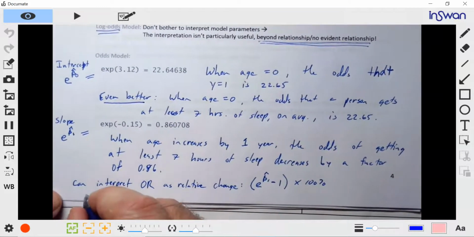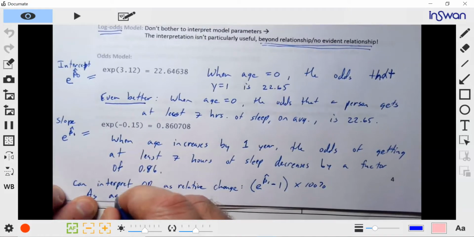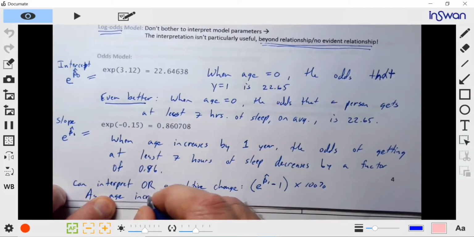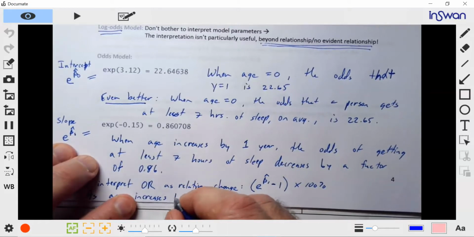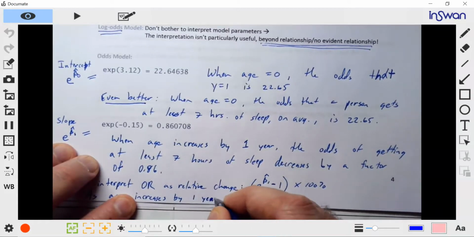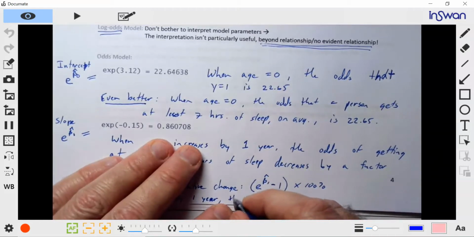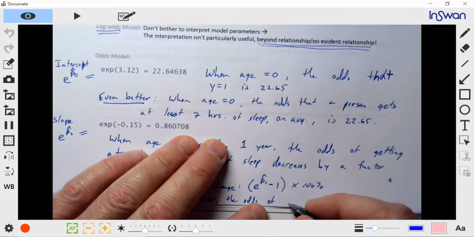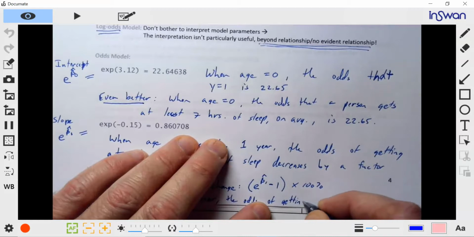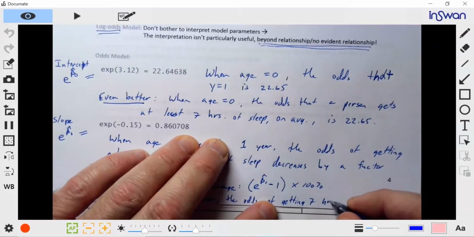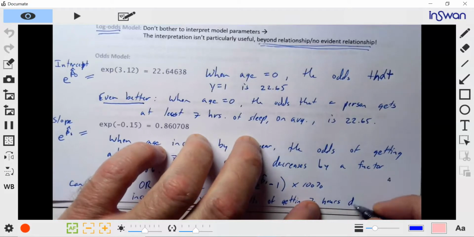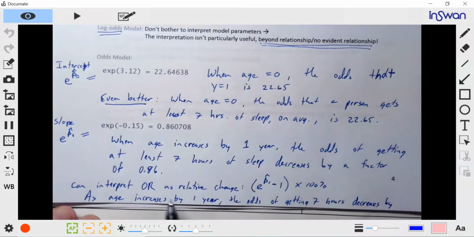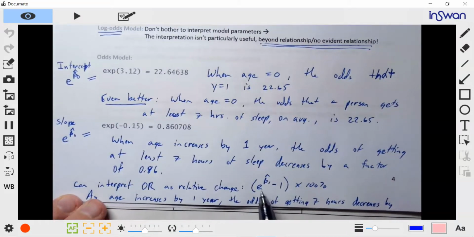So the way you might interpret that would be, as age increases by 1 year, the odds of getting 7 hours, I'm going to abbreviate this because I'm at the bottom of my page here, decreases by, so our e to the beta 1 hat is 0.86.